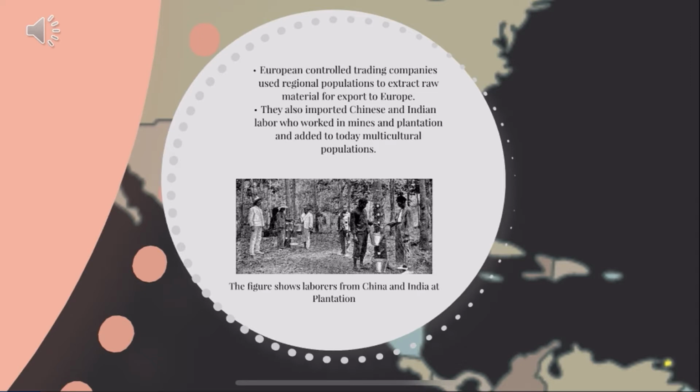They also imported Chinese and Indian labor who worked in mines and plantations and added to today's multicultural population. In this slide, the figure shows laborers from China and India at a plantation.